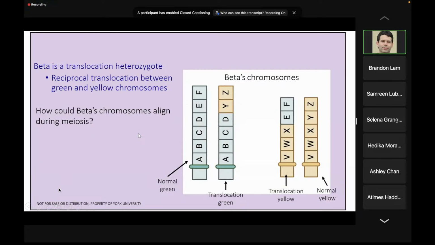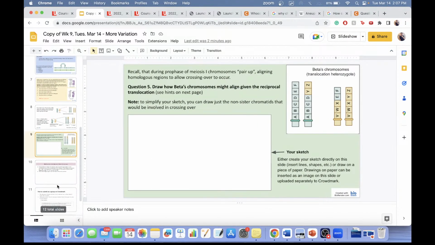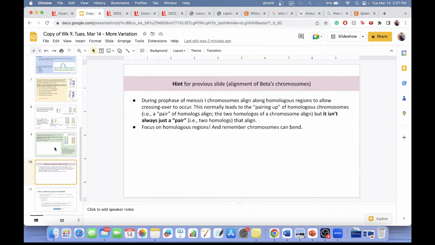Okay, beta is a translocation heterozygote. A reciprocal translocation between the green and yellow chromosomes occurred. How could beta's chromosomes align during meiosis? You'd have to draw these out.